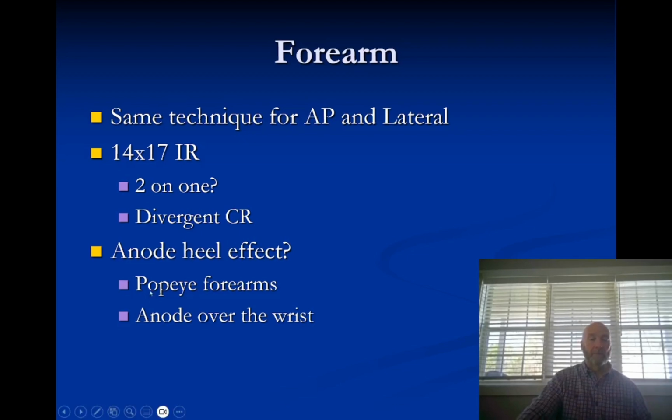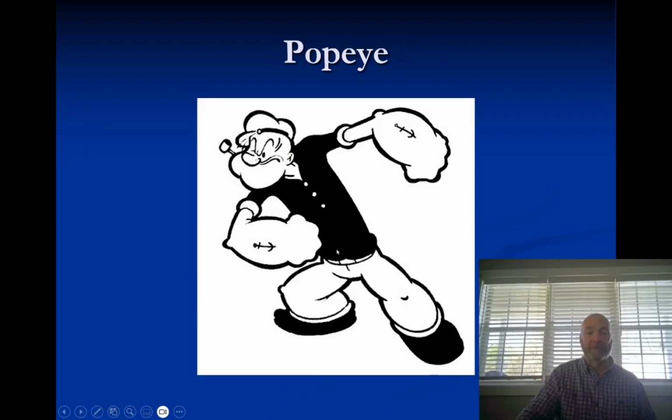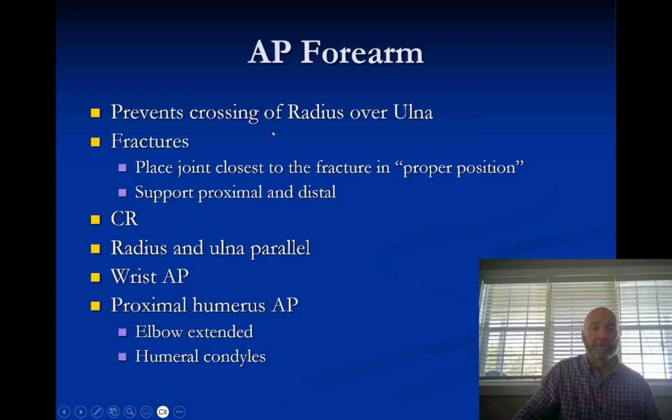So in those cases, we might put the anode, which gives lower radiation exposure, over the wrist end and then the cathode over the elbow end of the patient. So that's Popeye right there. You can see why I mentioned him. Massive forearms. He's got no meat on his upper arm at all.